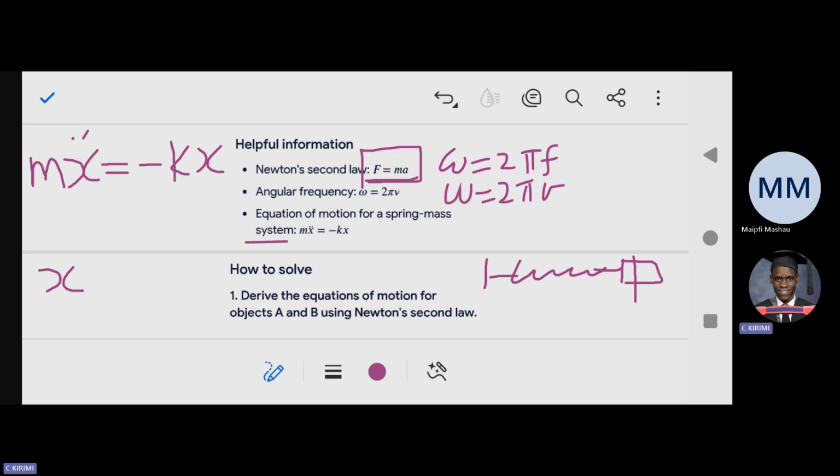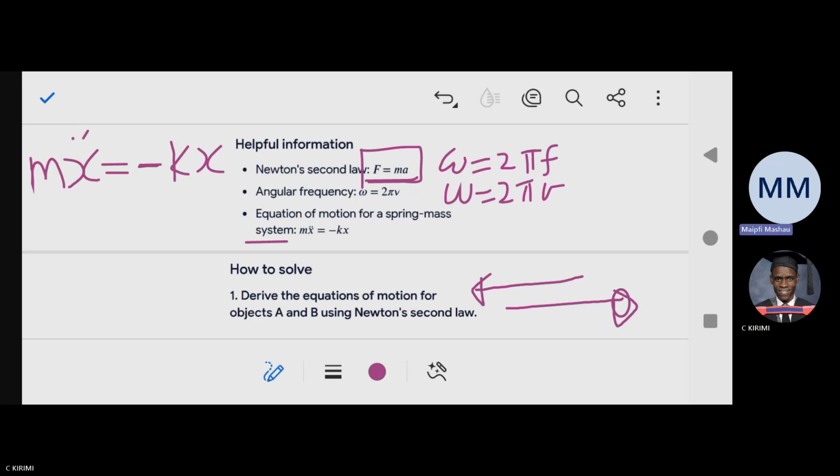I pushed the spring to the left, but the spring is now resisting, going back to where it was. So it's negative relative to the direction of the displacement. When you release the compressed spring, it's not going to remain there. It's going to push back to where it came from.